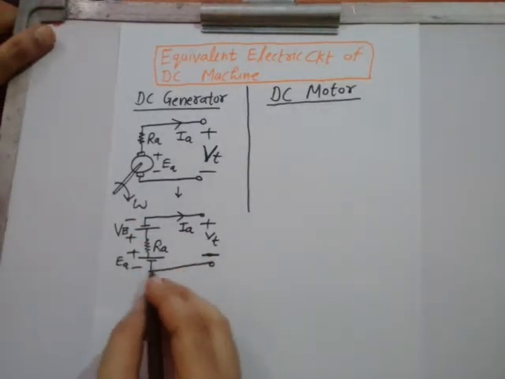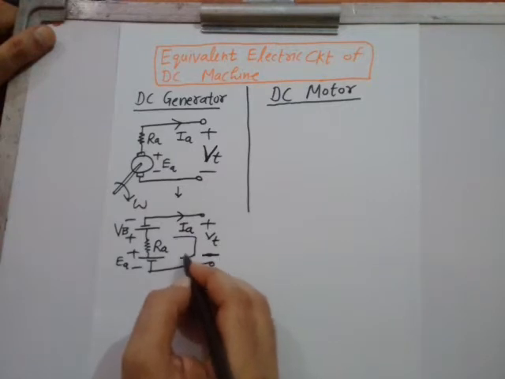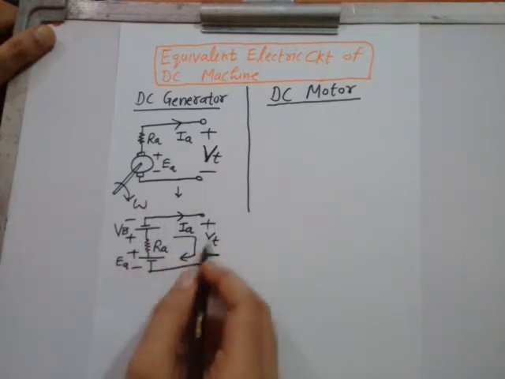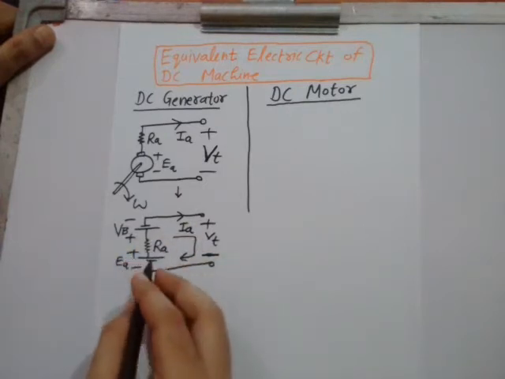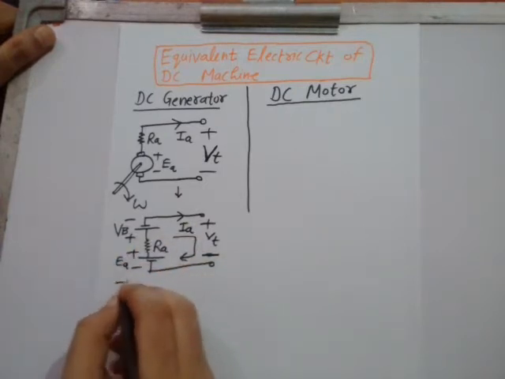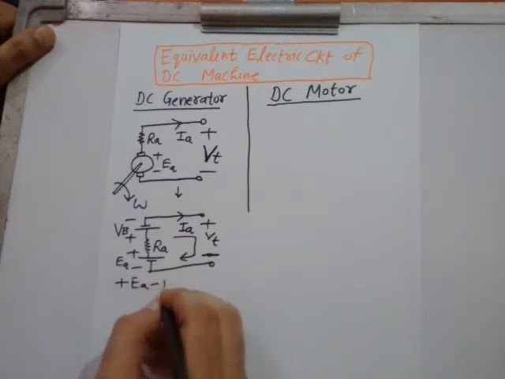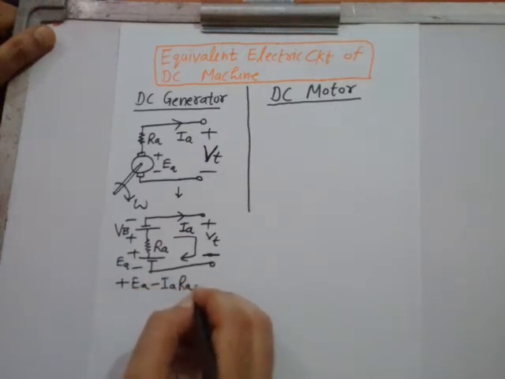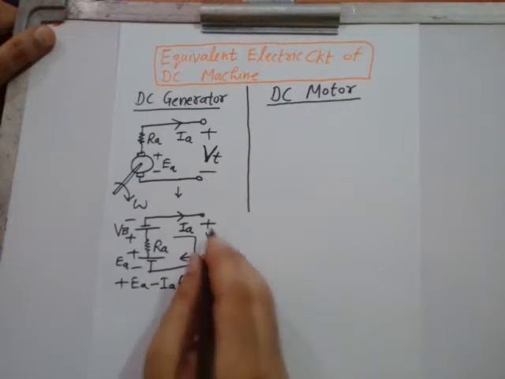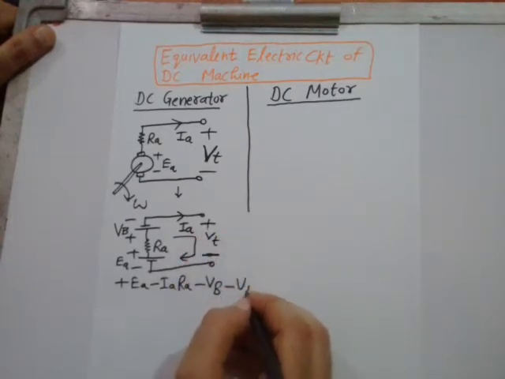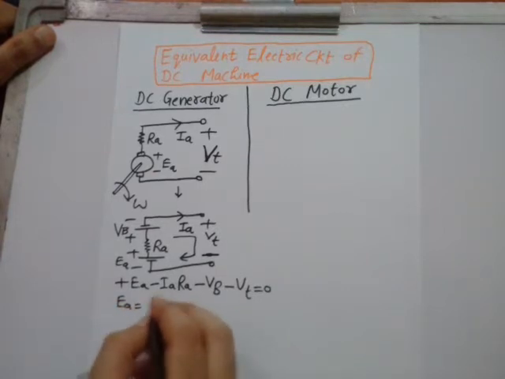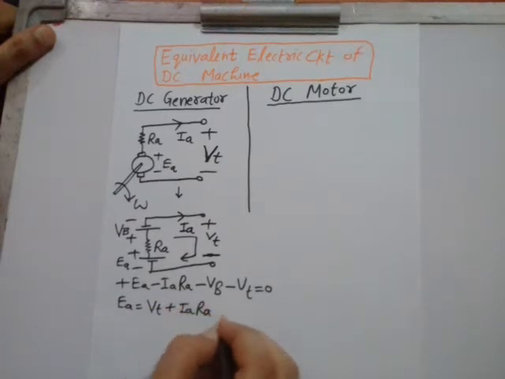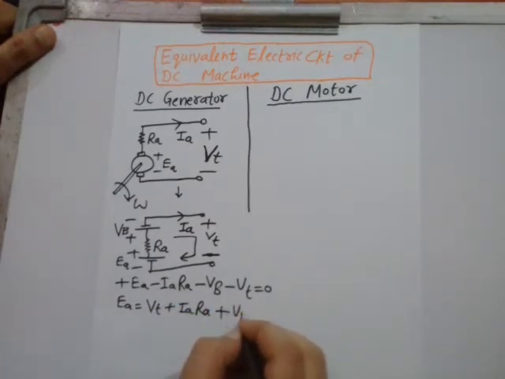Here you will apply Kirchhoff's voltage law and write the KVL equation. Going from minus to plus, you will write plus EA minus IARA minus VB, plus to minus VT is equal to 0, or you can write EA is equal to VT plus IARA plus VB.